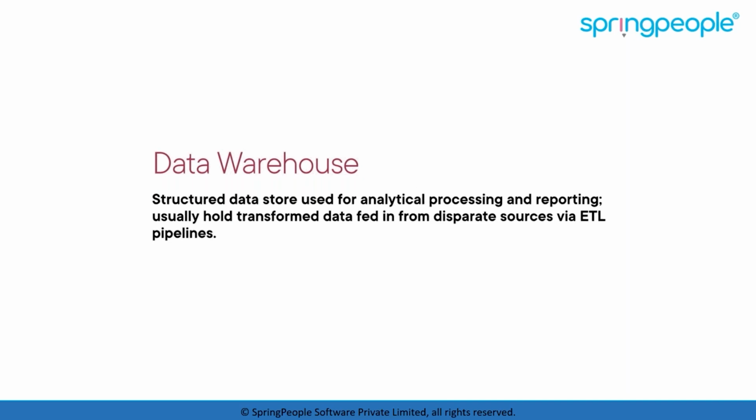Okay, so ETL stands for extraction, transformation, and loading the data. Extraction is a process of collecting the data from a variety of sources. Transformation is a process of converting the data. Sometimes I may be receiving the data in the form of a flat file.